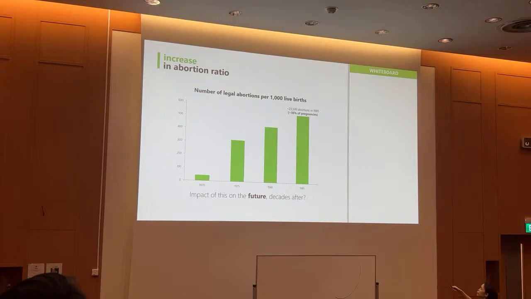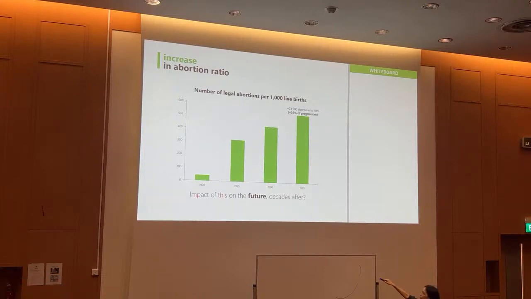You can see that by 1985, you have about 24K abortions, which account for more than one third of pregnancies. In other words, for every 2 babies born, you have 1 fetus killed. That was the prevalence of abortion and the impact of abortion at that time.